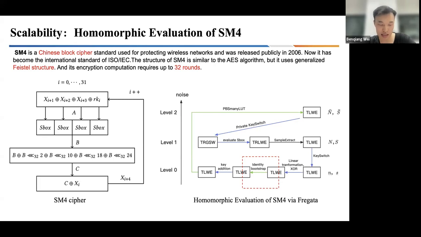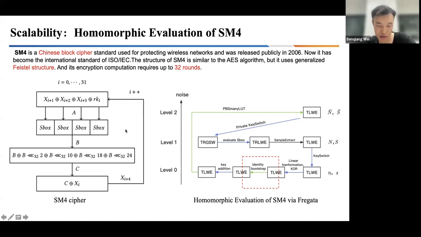In addition, in the homomorphic evaluation of SM4, the ciphertext noise generated in the current round is cumulative with the previous ciphertext noise.